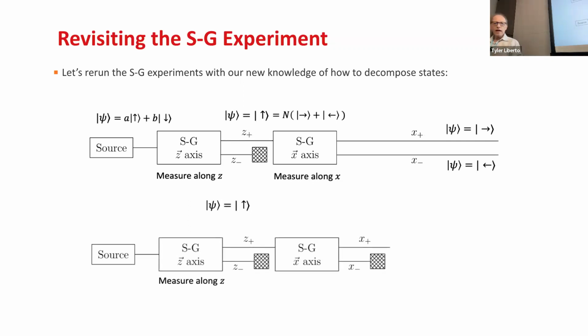So if we do the last experiment where we had an additional magnet in the z direction there, then we can look at what had happened here. So I go back to the x measurement. The z measurement we have seen already before, the x measurement as well. So what we got out at the end is, we dump the x minus beam, or the leftward deflected beam. So what we have left is only a rightward deflected beam.